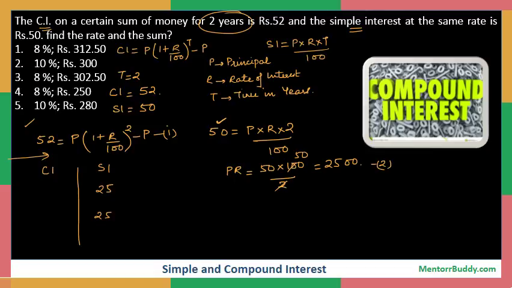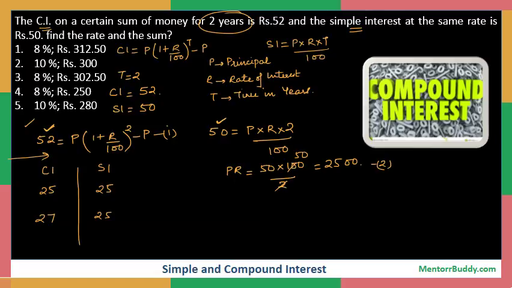In case of compound interest, for the first year the amount of interest remains the same as it was in simple interest, because for the first year there is no difference between compound and simple. So if the first year interest is 25 and for both the years it is 52, that means for the second year the interest is 27 rupees.